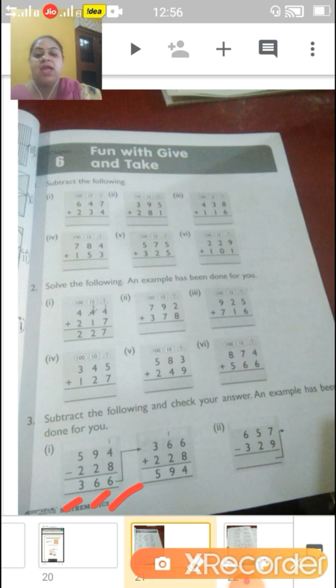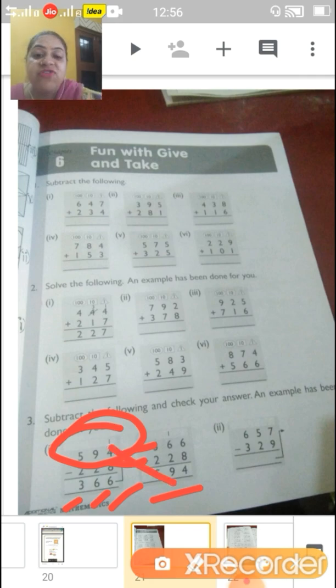Now if they are subtracting and if they are adding, your answer should be the same. Understood? In the same way, if we are adding or subtracting and we get this answer, our answer is correct. So here 8 plus 6 is 14, 6, 7, 8, 9 and 6 here, 3 plus 2 is 5. So our answer is matching, which means we subtracted correctly.